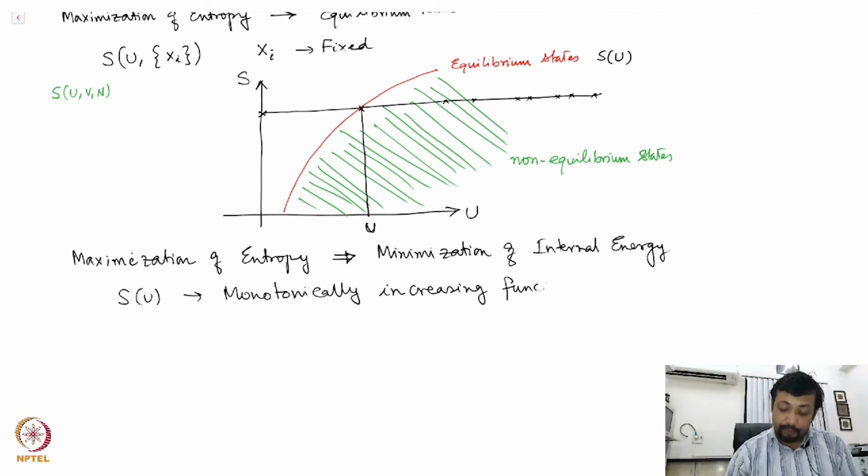And the property of the monotonically increasing function would mean that del S del U must be greater than 0. See, Xi's are held fixed. But this essentially means that the temperature must be positive.